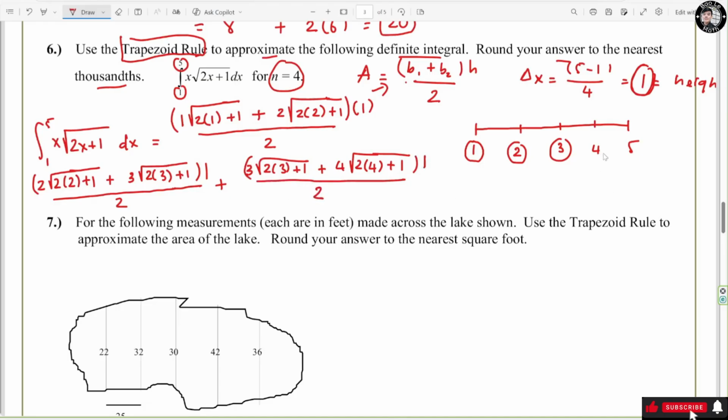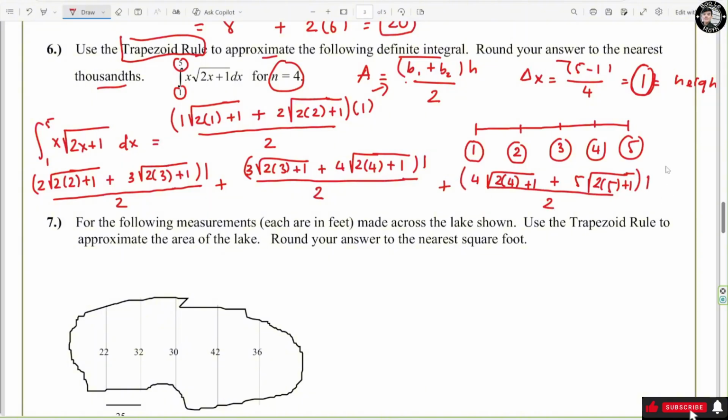And the last one from 4 to 5. So it's going to be plus 4 times the square root of 2 times 4 plus 1, plus 5 times the square root of 2 times 5 plus 1, times height divided by 2.